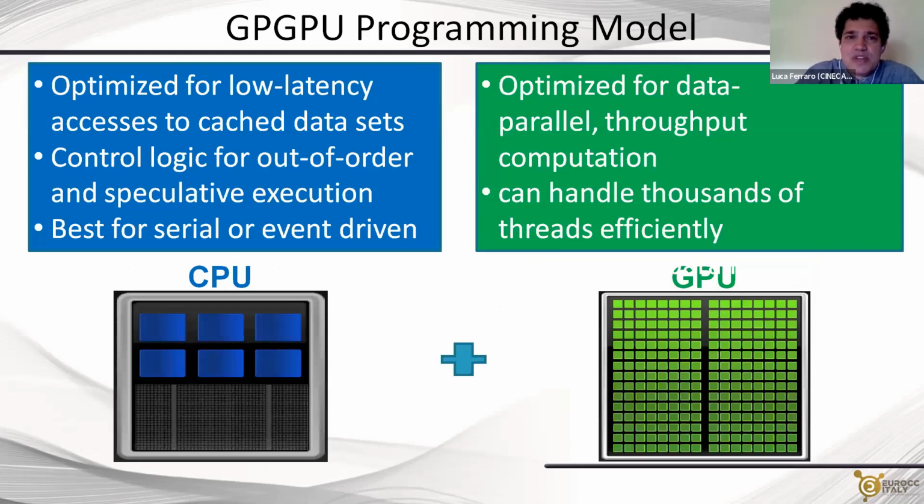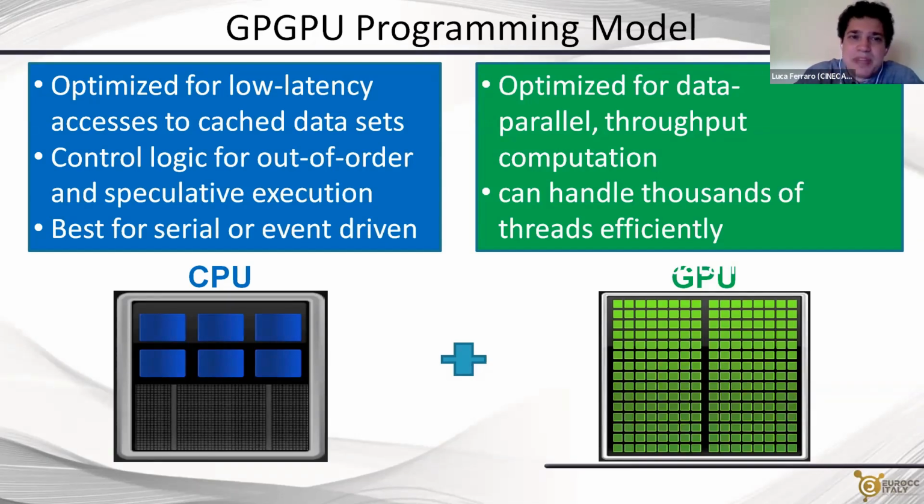So let's start with a very brief recap. We have a compute node that has a CPU and a GPU. We have several CPU sockets and maybe one or more GPU card devices.